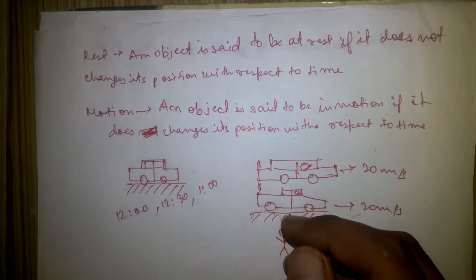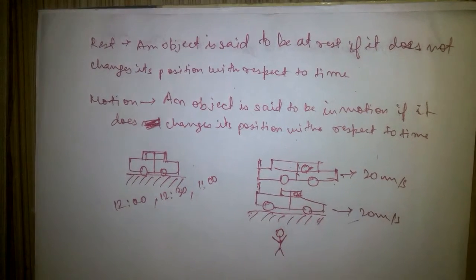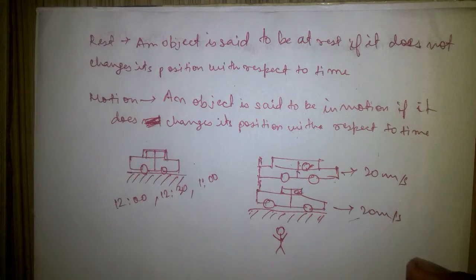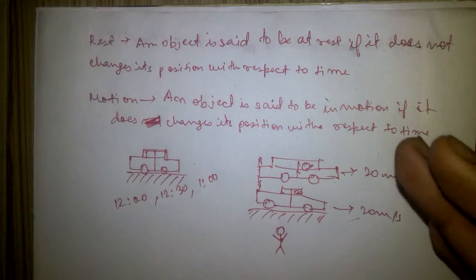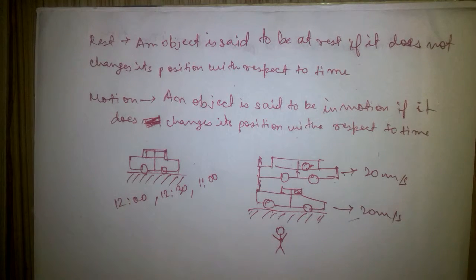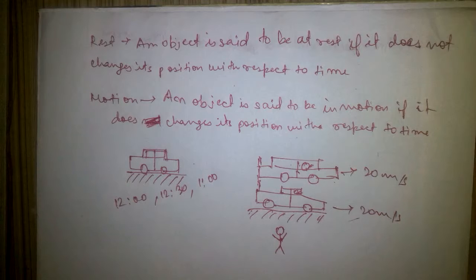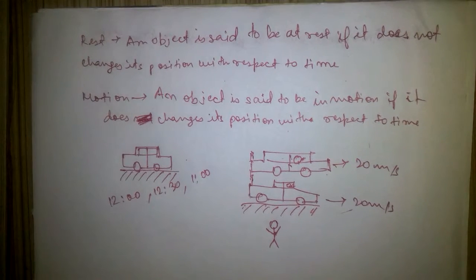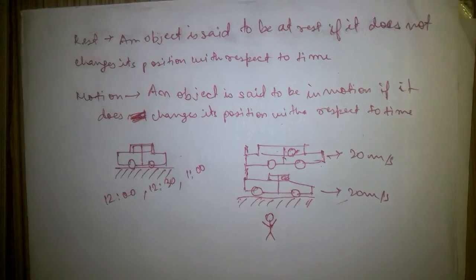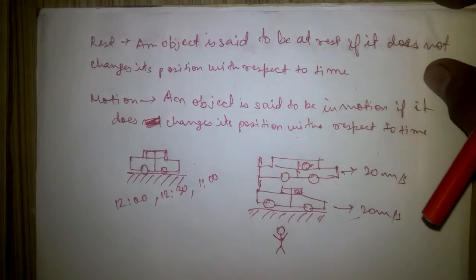Have you ever noticed that when you are in a train and another train is passing by, for a little bit of time, for 2 or 3 or 4 seconds, the other train is just traveling at the speed of your train, and you think that both trains are at rest. But from the oscillation or the vibration of your train, you understand that no, my train is moving.